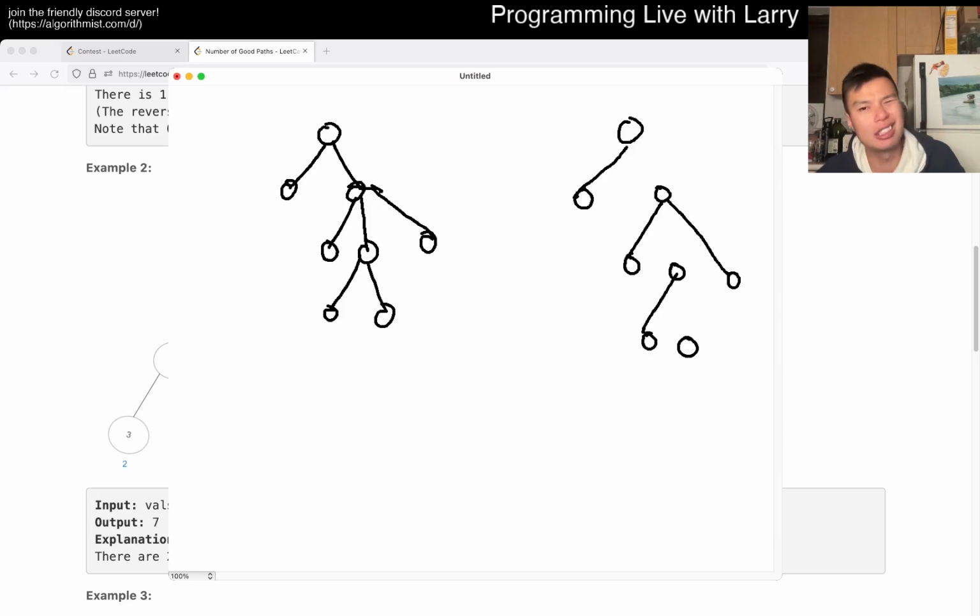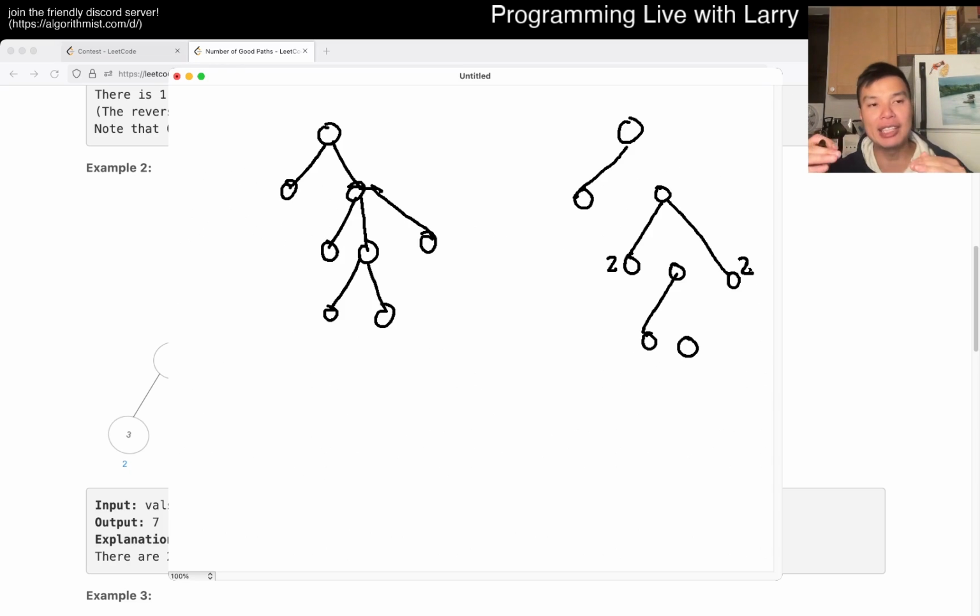But then the question is, now that we have this, what is a good way to get the answer? Let's say this is value 2 and this is value 2. That means that everything here is now 2 or smaller. That's basically what we're saying, right?